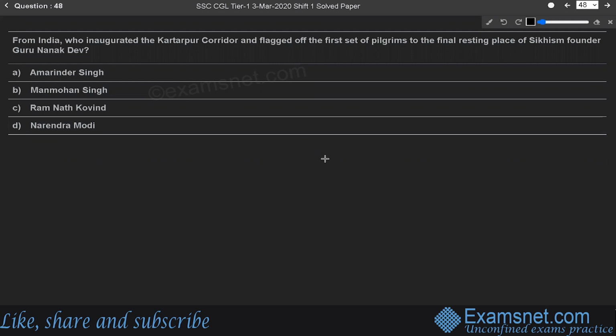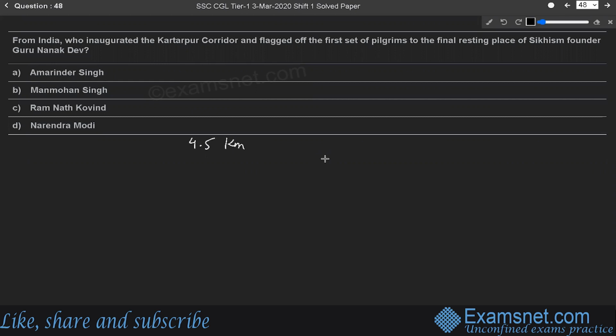Prime Minister Narendra Modi inaugurated this Kartarpur corridor, which is from India and from Pakistan, by his counterpart Imran Khan. This corridor is a 4.5-kilometer long highway that connects two different places from India and from Pakistan. And the places are Dera Baba Nanak Shrine in India and Sri Darbar Sahib Kartarpur in Pakistan.